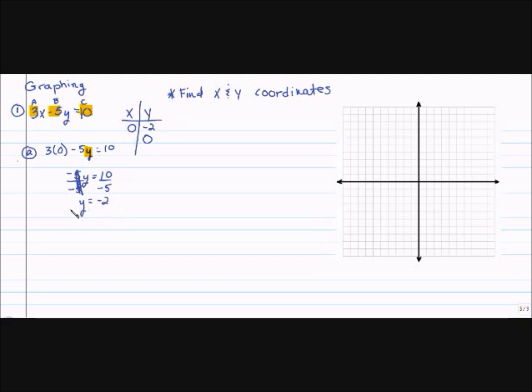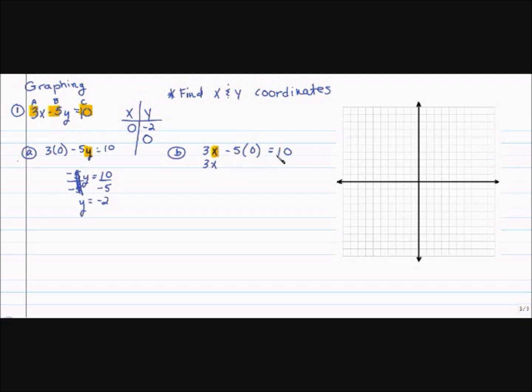Okay. Now I'm going to do the opposite and plug in 0 in for y. Notice the 0 is under the y. Step B. 3x minus 5 times 0 equals 10. Notice when I plug in the 0 in for y, my only variable in the problem is x, and I can therefore solve for x. So I have 3x, negative 5 times 0 is 0.